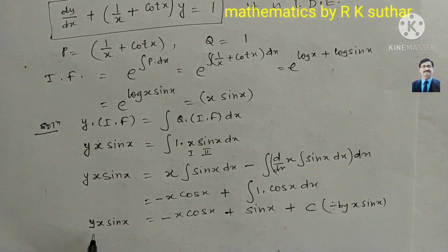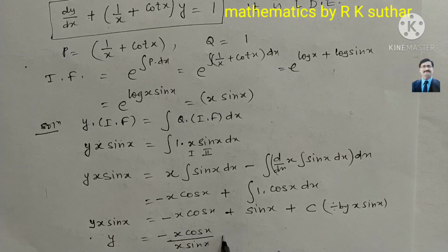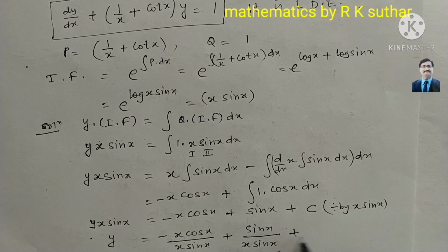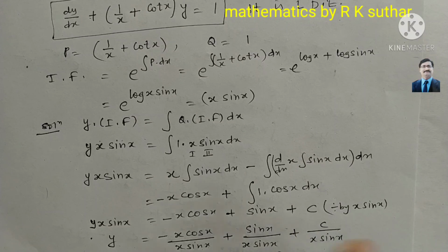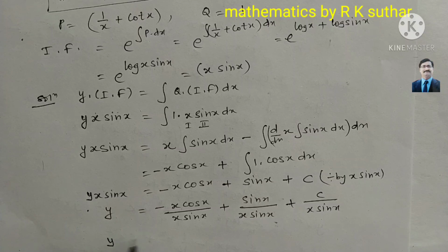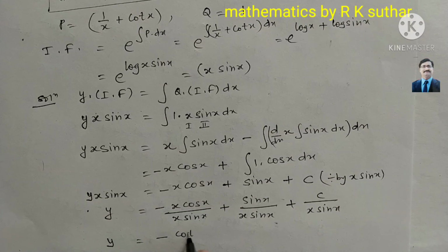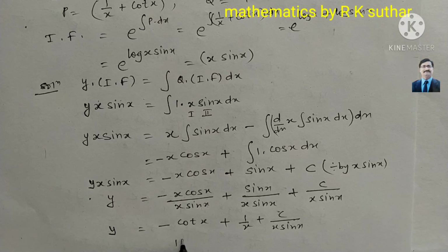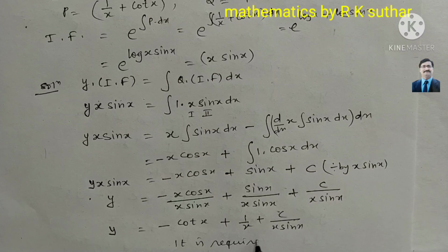Dividing, we get y equals minus x cos x divided by x sin x, plus sin x divided by x sin x, and c also divided by x sin x. So look what we get: y equals, with x cancelling, minus cot x plus 1 upon x plus c upon x sin x. This is the required solution. Do all of you understand this? This is the answer.